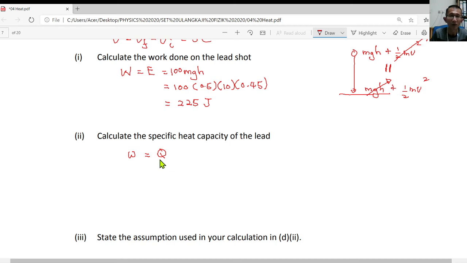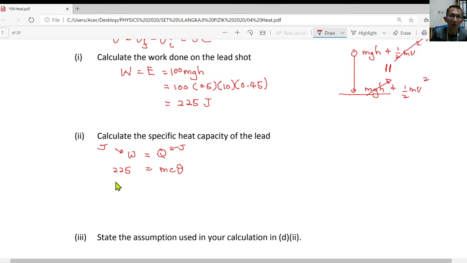This is from our principle of energy conservation. So the work done just now is 225, and then our Q is mc theta. Remember that Q is in joule, and work is also in joule. Q is our heat energy. You see here, they are the same thing. So 225 equals mc theta.